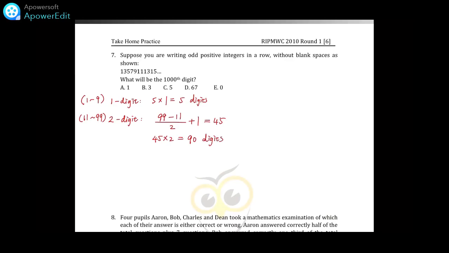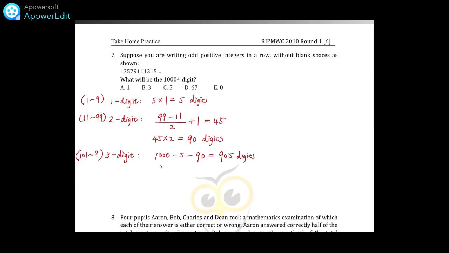Next, for the 3-digit numbers, we start from 101. Let's find how many digits are left. So we use the total 1000 minus 5 for the 1-digit numbers, minus 90 for the 2-digit numbers. There are 905 digits left.